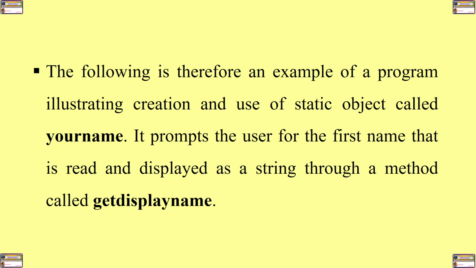Or in other words, once you request the compiler to set a memory location for a certain type of information, that memory location remains until the end of that program or until you exit from the program.